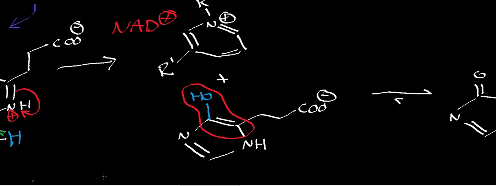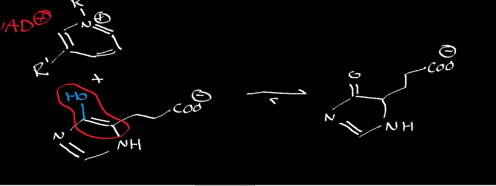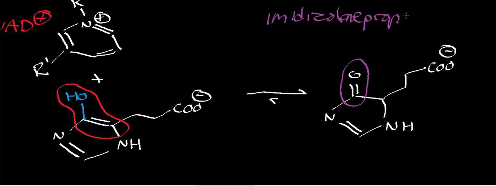You can imagine that this molecule is going to quickly tautomerize spontaneously. And the tautomer of the enol is just going to be a carbonyl, okay? And that carbonyl is characteristic of this molecule, which is imidazolone propionate.